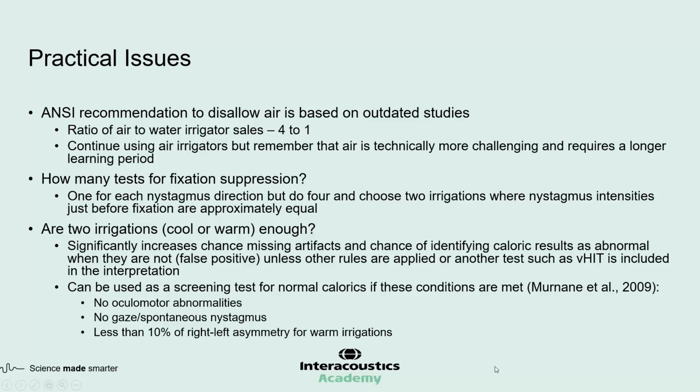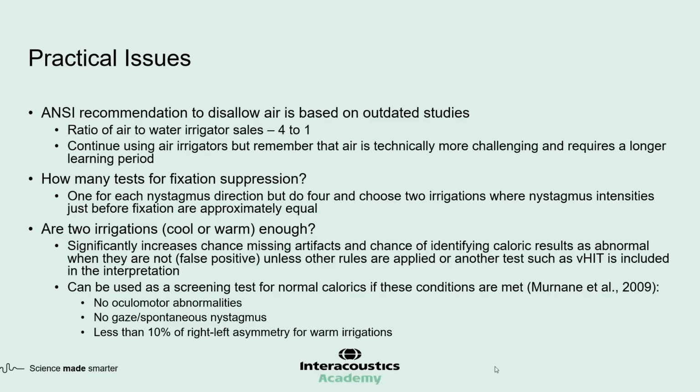For those of you who use air irrigators, you might be interested to know that ANSI actually disallows use of air as a mode of irrigation. They recommend either open loop water or closed loop water. Closed loop water systems are no longer manufactured, so the only mode of irrigation for ANSI currently is open loop water. Unfortunately, I think ANSI made their recommendations based on outdated studies, and the users have not really followed that recommendation.